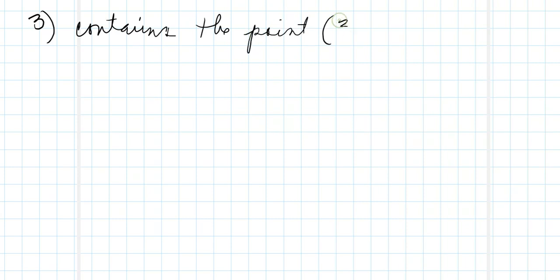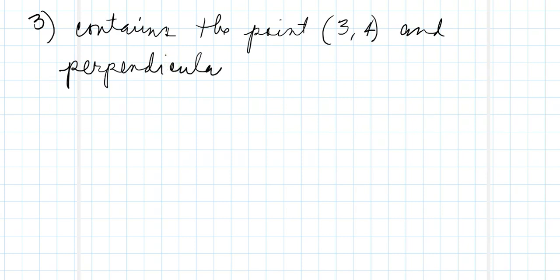Find the equation that contains the point (3, 4) and is perpendicular to 5x minus 2y equals 8.